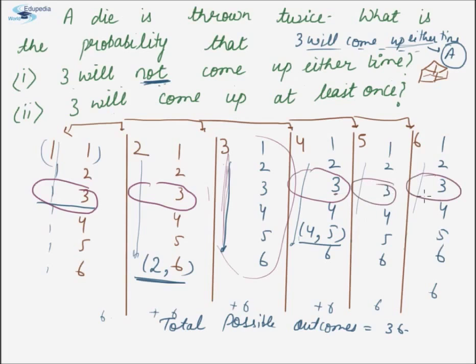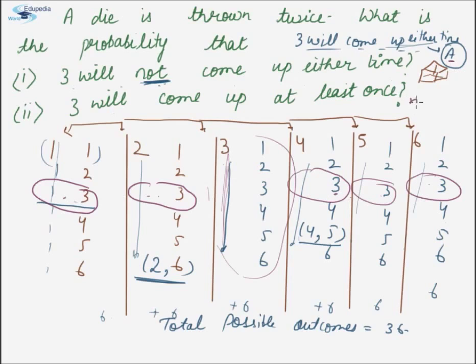Apart from these values, none of the values has 3 as one of its numbers. So the total favorable outcomes to this event A are 2, and these 6 and these 3 values. So we have 2 plus 6, that is 8, plus 3, 11.